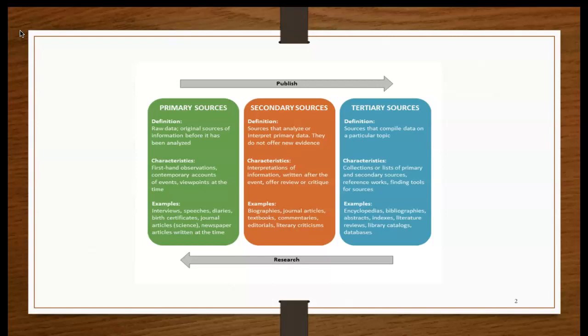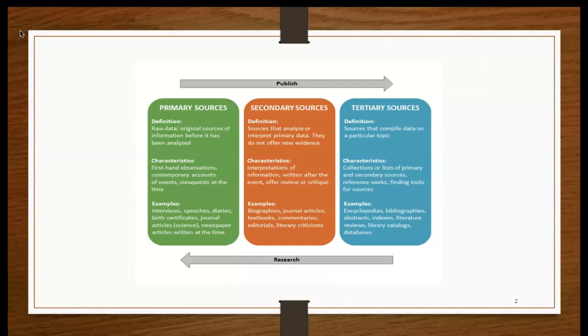It has to do with how close that source is to the past. So primary sources are first-hand accounts of a historical event. They are usually, but not always, written at the time the event occurred by someone who was somehow involved in that event.